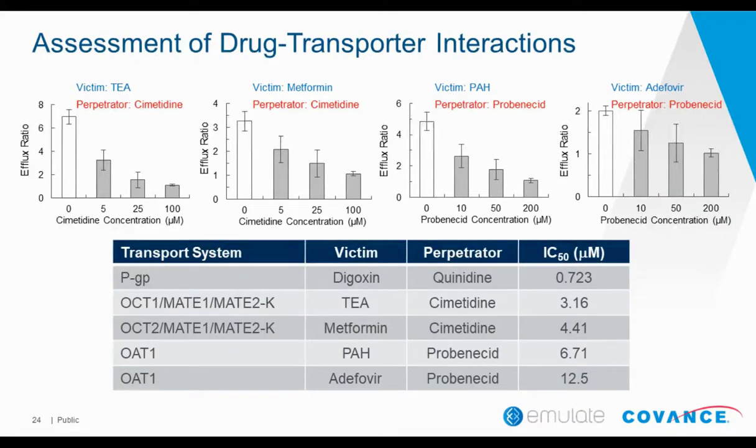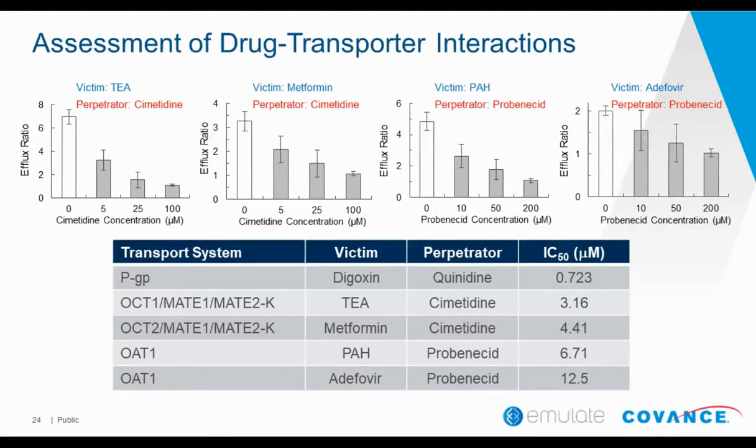This is then replicated, or enhanced, through the assessment of a number of different drug interactions. In this case, our victim TEA with perpetrator cimetidine, as well as cimetidine against metformin, looking at PAH with probenecid, and then probenecid again against adefovir.